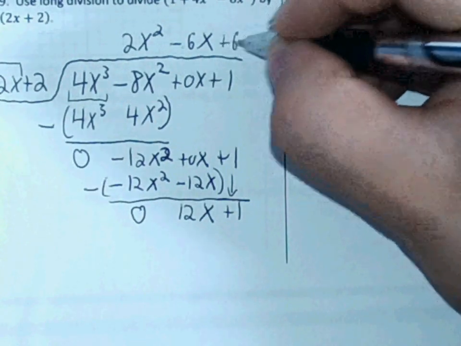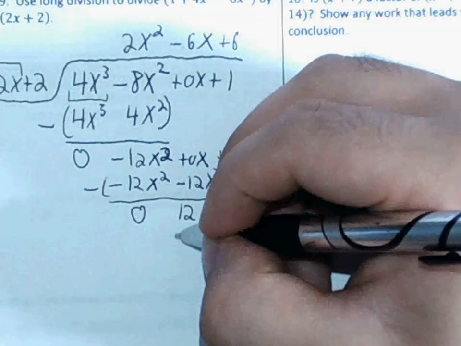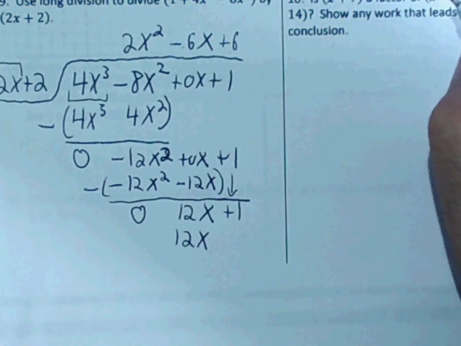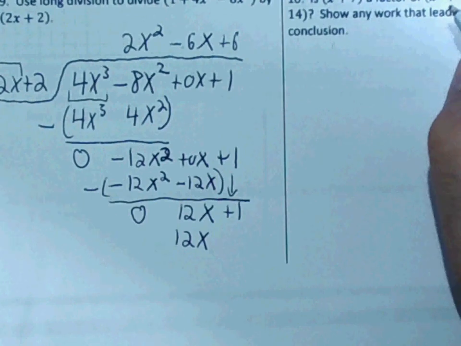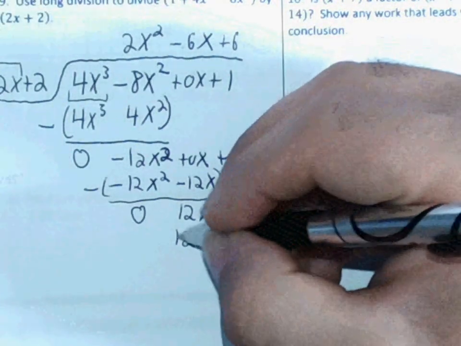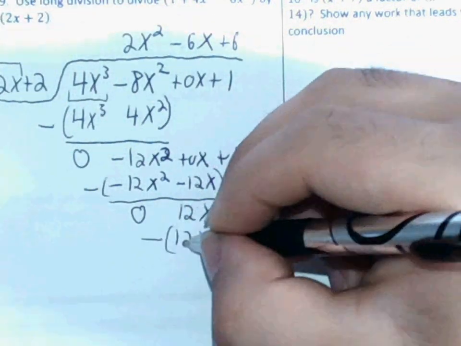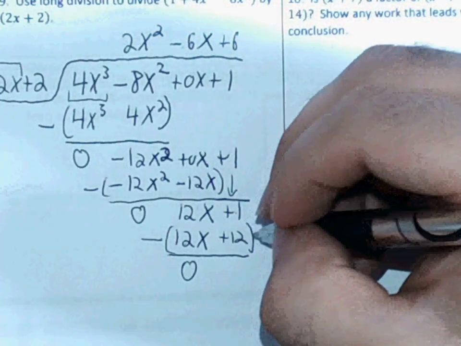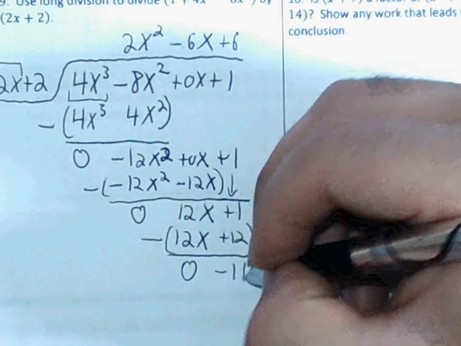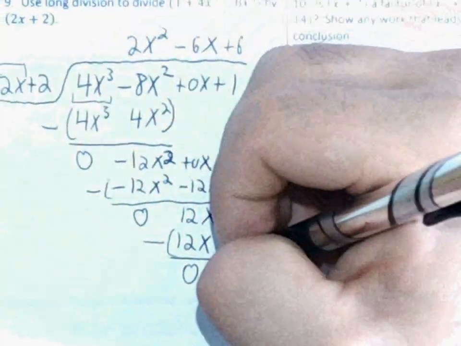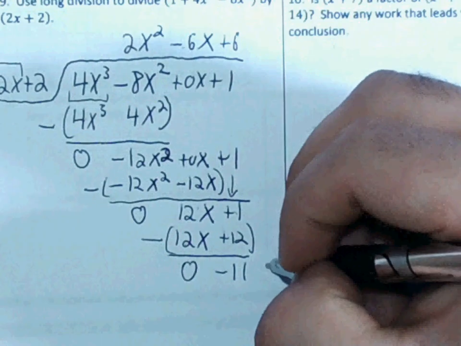So plus 6. 6 times 2x is 12x, and 6 times 2 is 12, so it'll be 12x plus 12. Subtract: 12x minus 12x is 0, and 1 minus 12 is going to be negative 11. And at that point, 2x plus 2 can't go into negative 11, so that is our remainder right there.